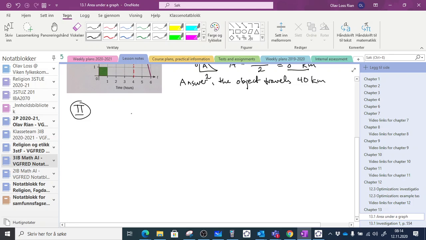Let's just assume that for this graph, distance will always be area under the graph, because we know from physics that distance equals velocity multiplied with time, or d equals v multiplied with t. We can put a frame around that.